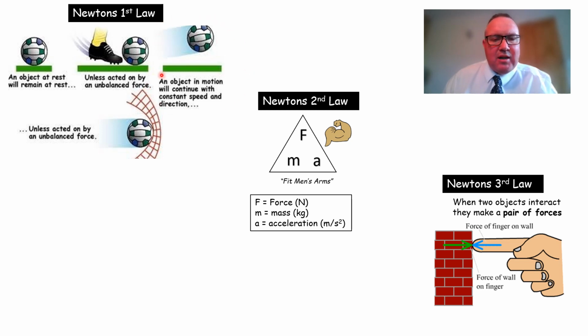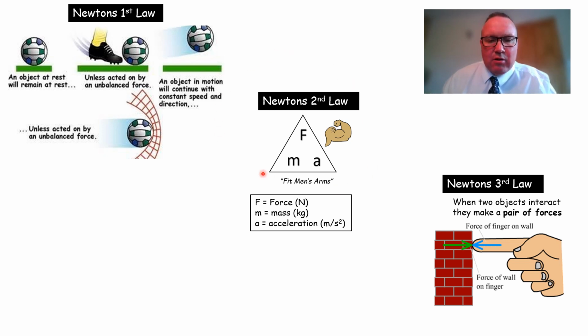But if an object is moving, it will keep moving at a steady speed in the same direction unless a force makes it speed up or slow down. So Newton's first law explains that forces make things speed up or slow down. If there is zero force on an object, then it will stay the same speed and moving the same direction.